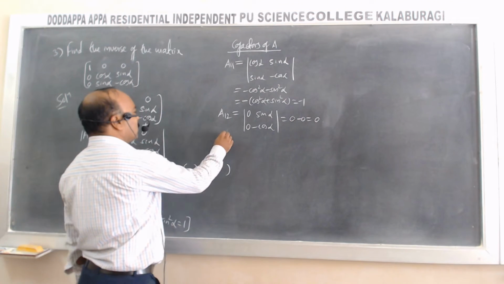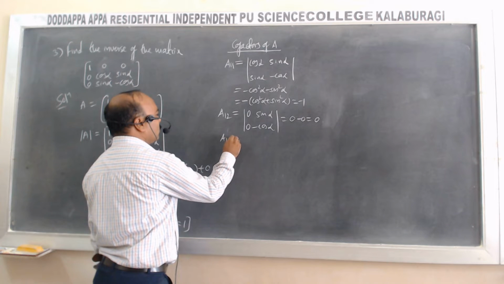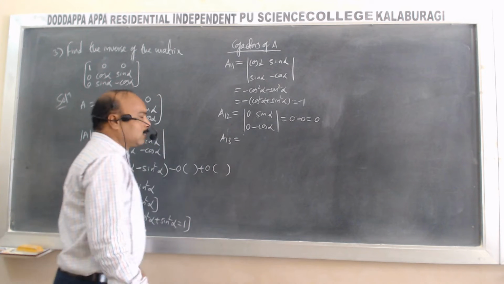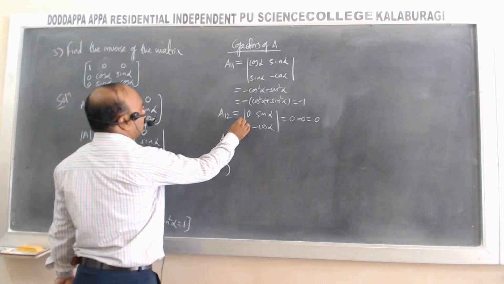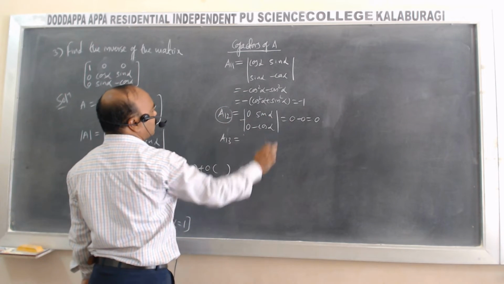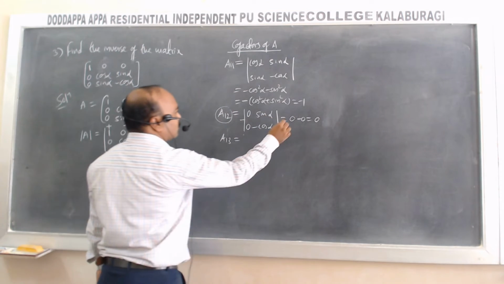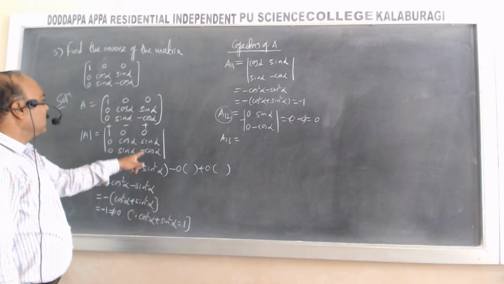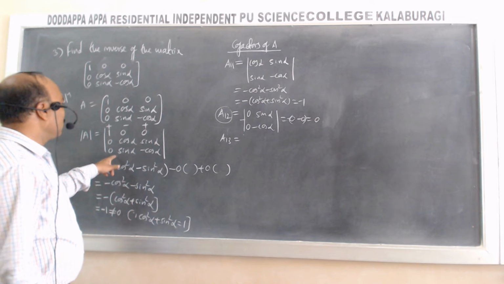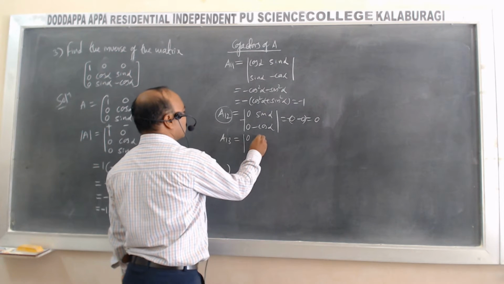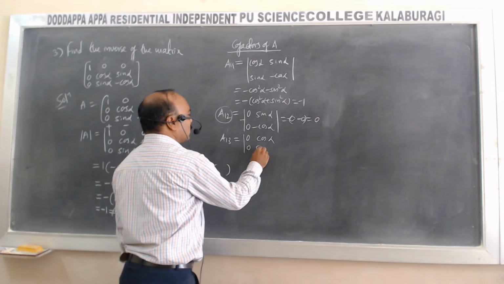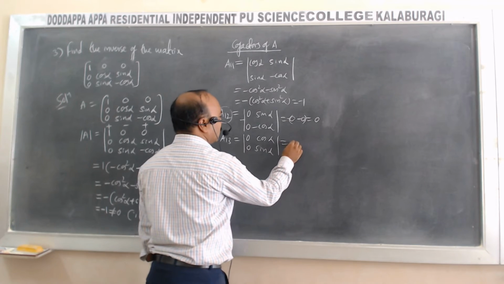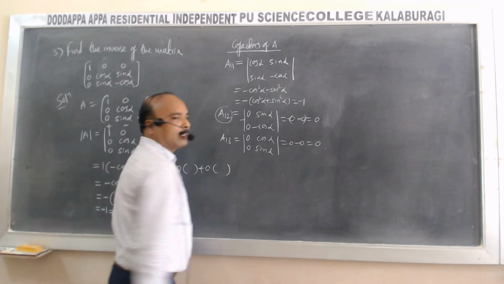Next the third element, that is the third cofactor, A13. Deleting this column and this row, you get 0 cos alpha, 0 sin alpha. So again it is 0 minus 0 equal to 0.